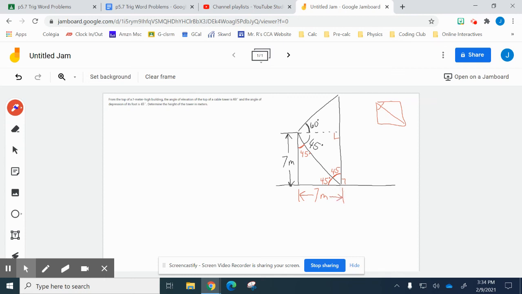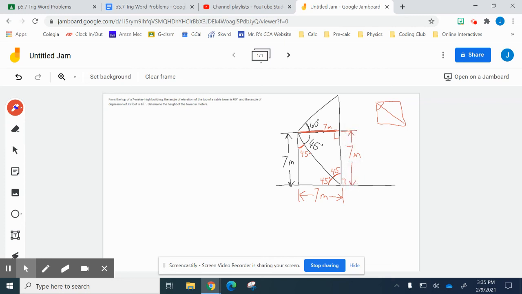And if that's 7 meters, that means that this is also 7 meters, the distance straight to the tower. And if the building height is 7 meters, then this part of the tower is also going to be 7 meters, right?